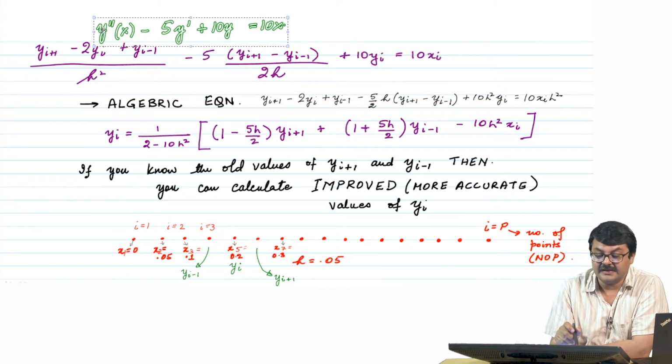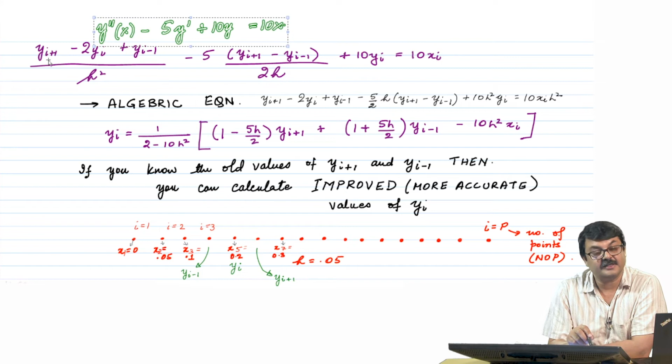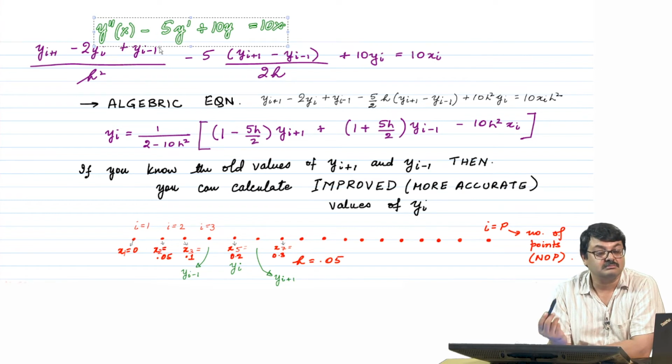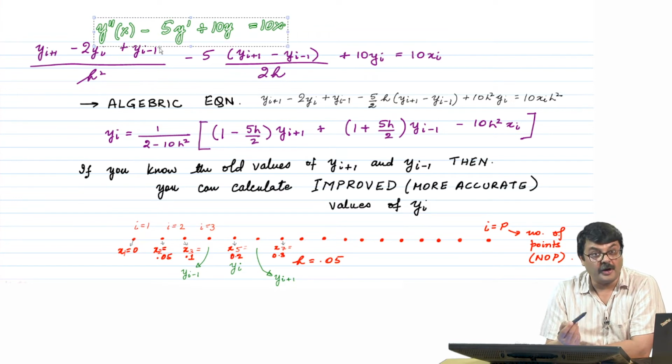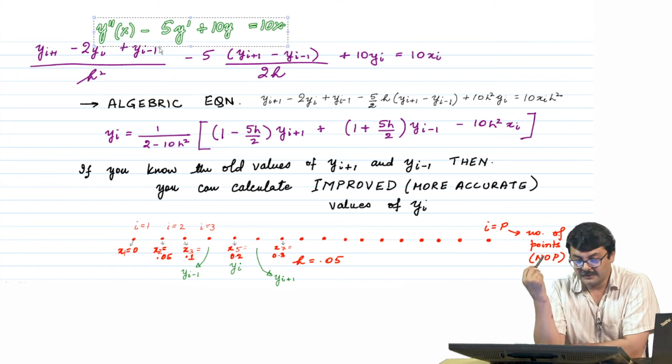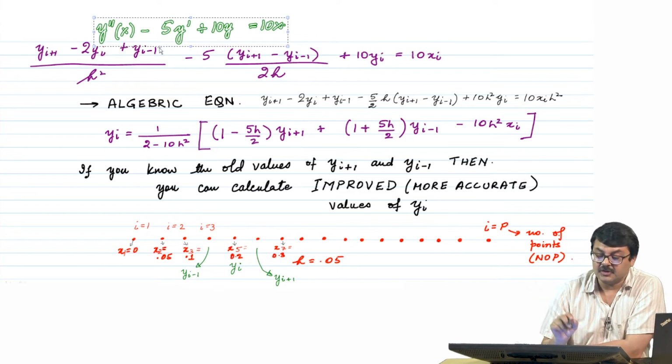So, basically here instead of y dash, I have written the expression for the difference equation, y I plus 1 minus 2 y I plus y I minus 1, where I runs from, say, 1 to 20 if h equals 0.05. It could run from 1 to 100 if h was 0.01, and so forth.